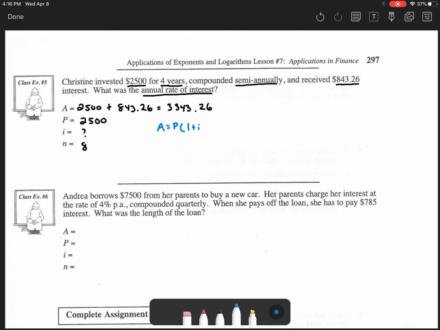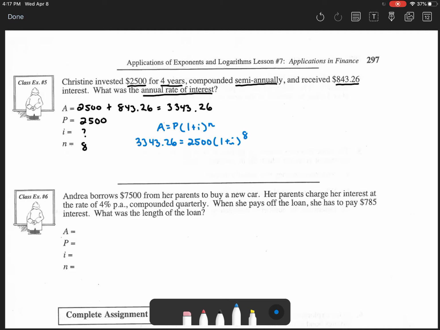So start with your formula, A is equal to P times 1 plus I to the exponent of N, and fill in the values for the variables that we know. We calculated that final amount to be $3,343.26. The principal amount was $2,500. This is going to be 1 plus I to the exponent of N, which is 8. So just like we did in other questions, what I'm going to do first here is divide both sides of the equation by 2,500.